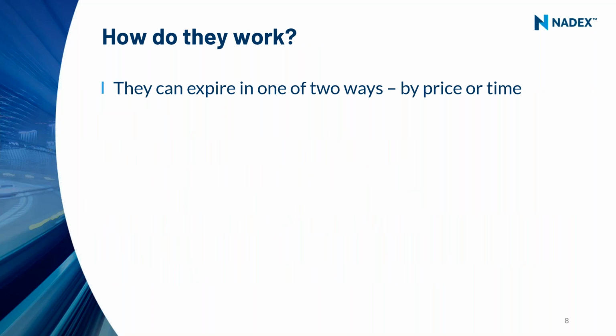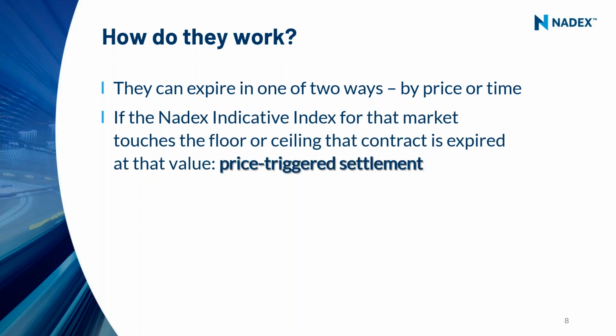So a knockout will expire or settle or finish in one of two ways. It will finish either by price or by time. So let's talk about that first. Let's talk about price triggered settlement, and that is what the floor and the ceiling are there for.